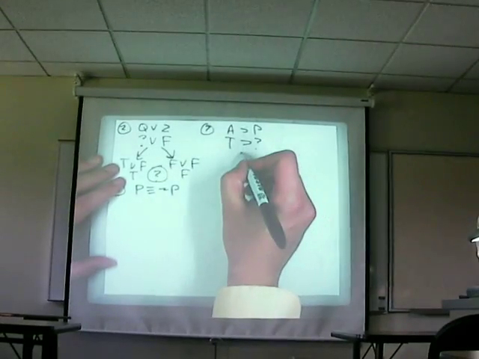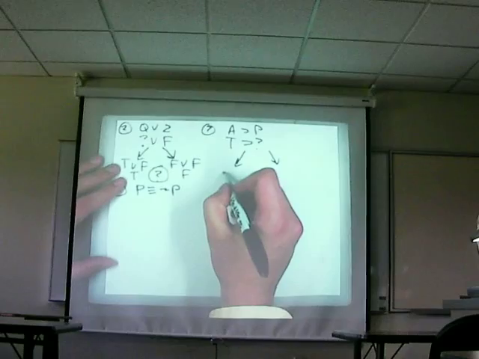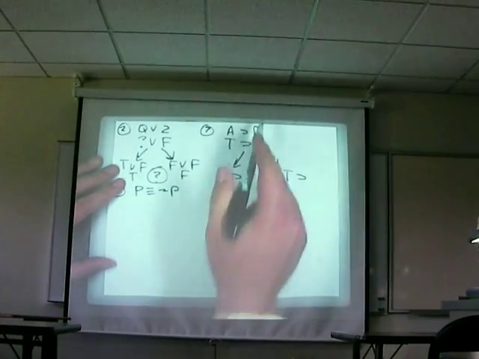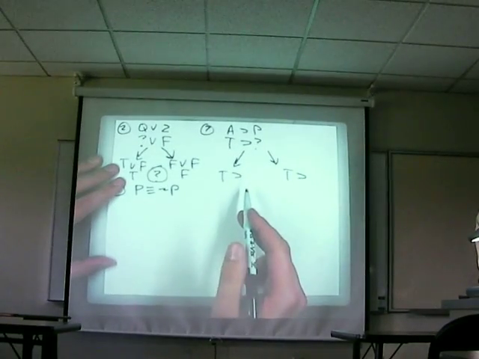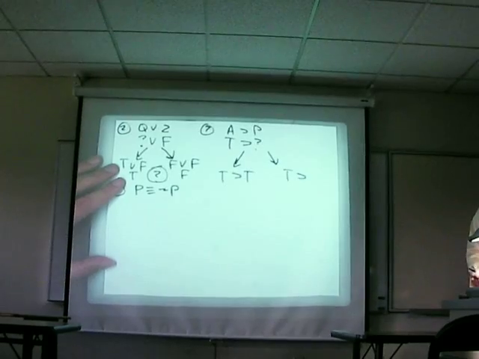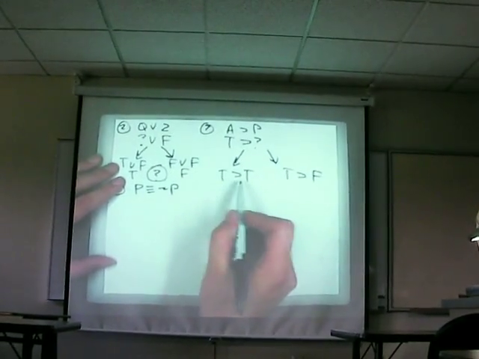Well, again, if it's not perfectly obvious to you, let's explore the possibilities. In each case, we're going to have T horseshoe something, so I'll go ahead and copy down as much, T horseshoe something. P, again, given that it stands in place of a proposition, could either be true, we'll say that's possibility number 1, branch number 1, or P could be false. So what if P were true?